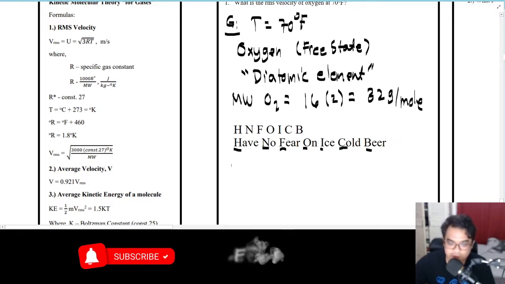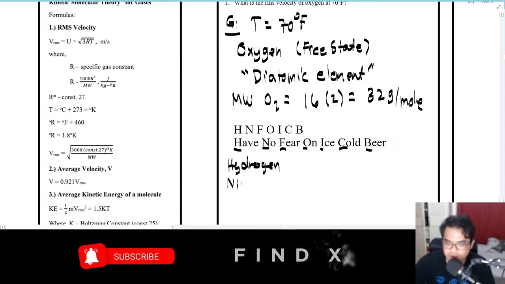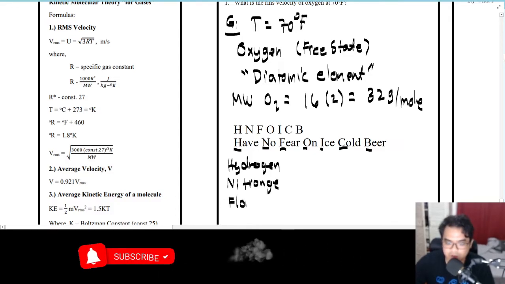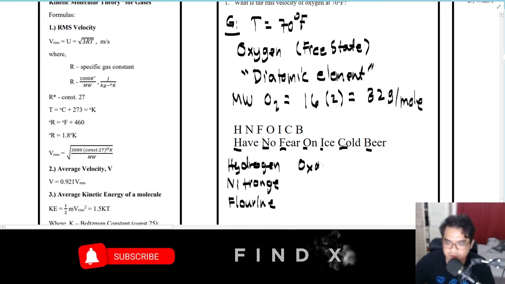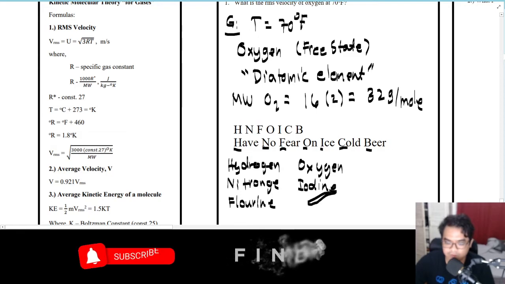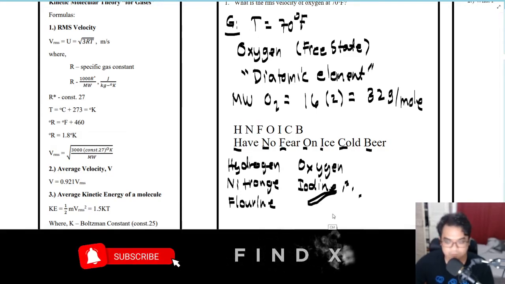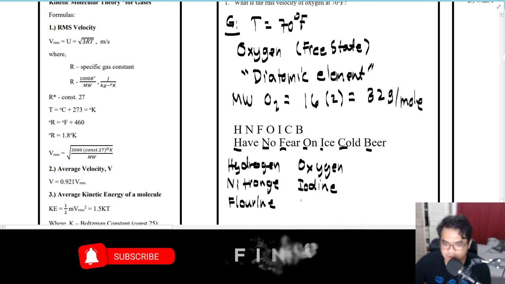For that, we have hydrogen, of course. Nitrogen. F is for fluorine. And O is for oxygen. I is for iodine. And C is for chlorine, not carbon.